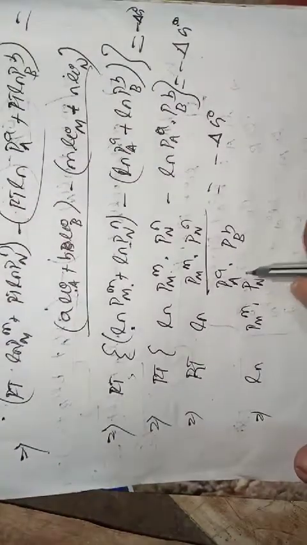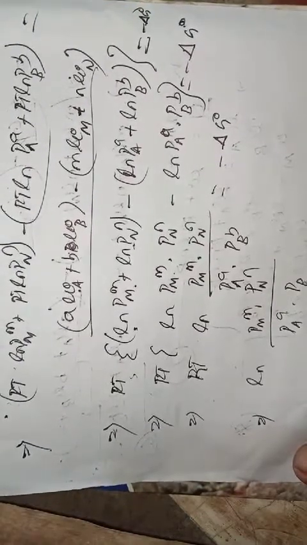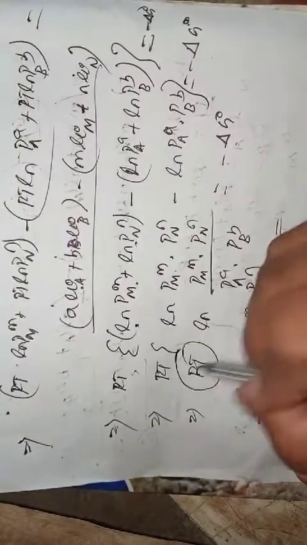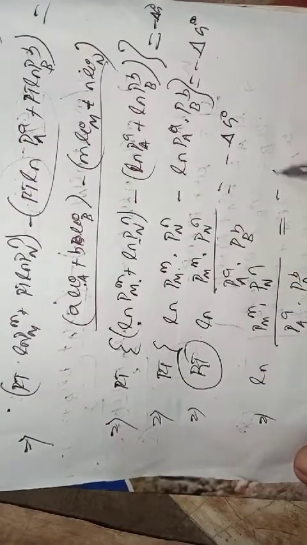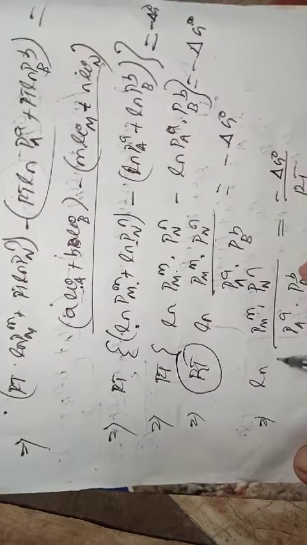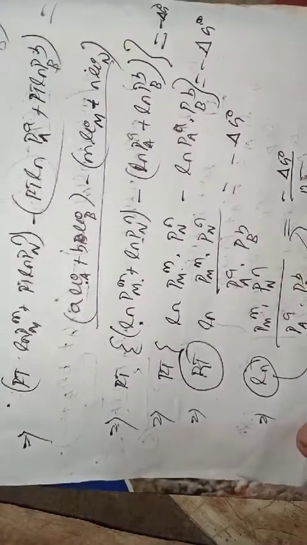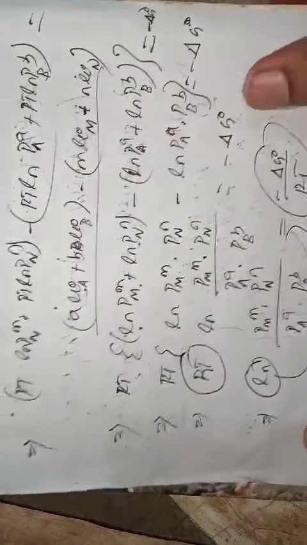Further, taking the RT to the right hand side, it equals minus delta G naught by RT. Further, when we remove the ln, this will be converted into e to the power.